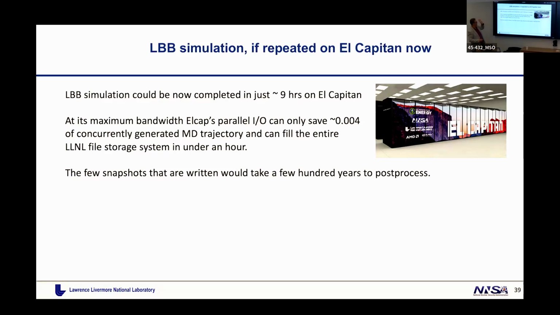With the fastest fully parallel I/O, you can only save a small fraction concurrently with the simulation, right? And if you do that, in under an hour you will fill the whole humongous storage system of Lawrence Livermore, right? So for the few snapshots that you're able to save, it will take hundreds of years to post-process with the current method.